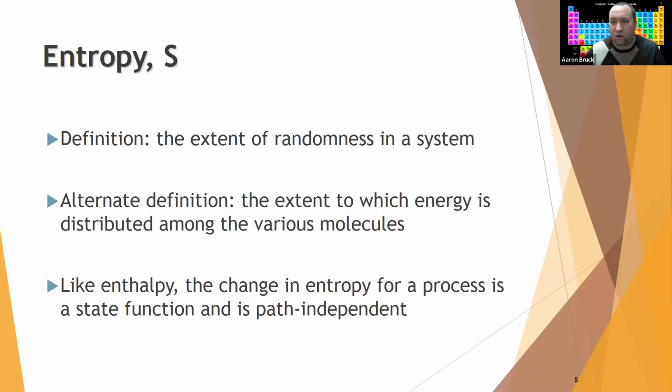So everything that you learned about enthalpy in chapter 10, you're going to see again here. A lot of those characteristics, a lot of those ways of calculating delta H will get applied to delta S and eventually delta G as well.